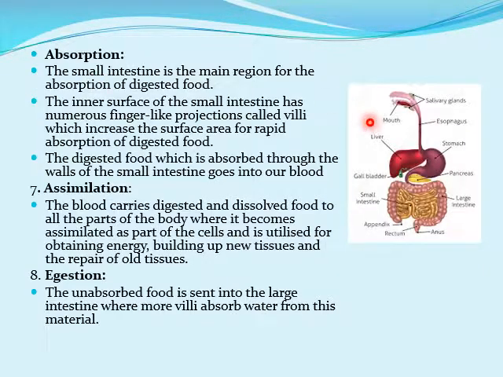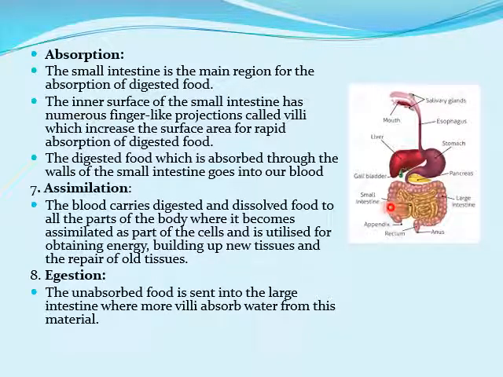So till now, children, we have observed that food starts from the mouth, reaches the esophagus, then the stomach, and then the small intestine. Here, the absorption also takes place. The inner surface of the small intestine contains finger-like projections known as villi, which increase the surface area for the digested food, and it absorbs it and sends it to our body for getting energy.